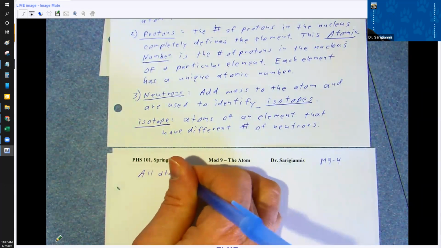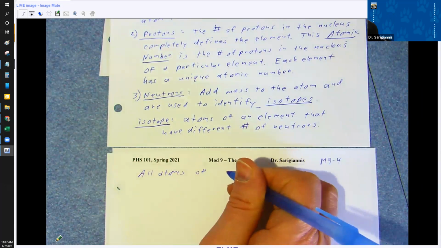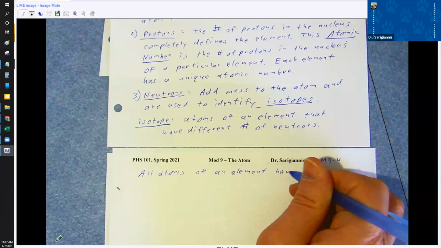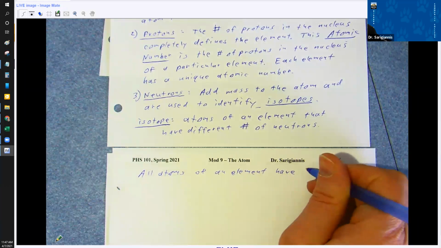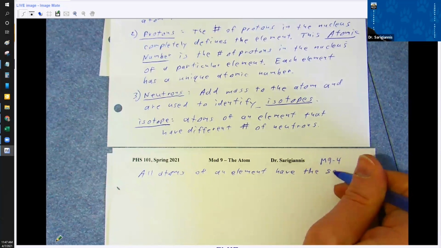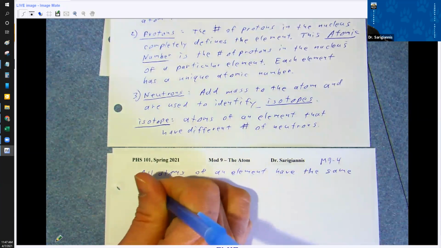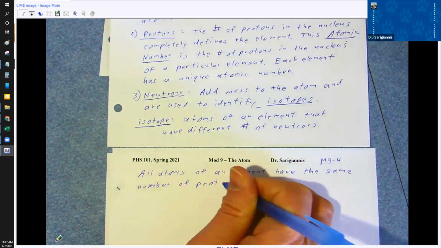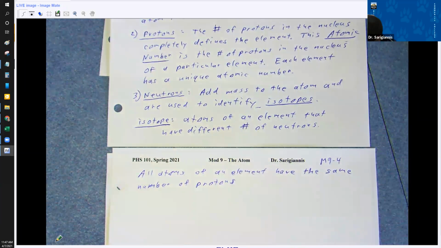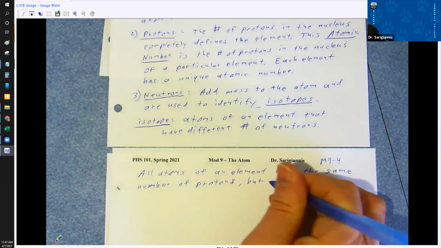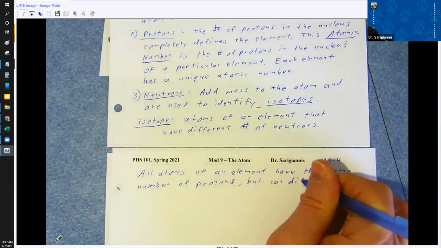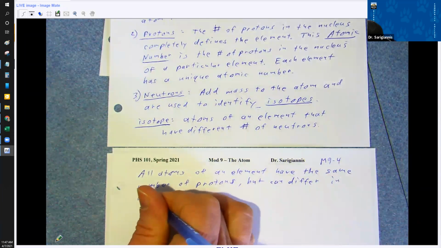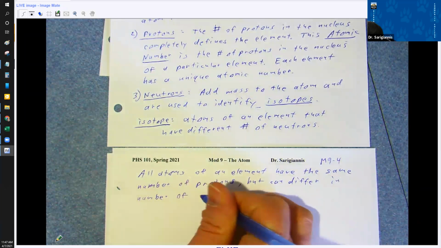All atoms of an element have the same number of protons but can differ in number of neutrons.